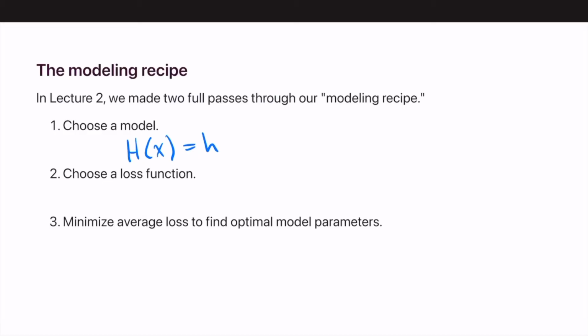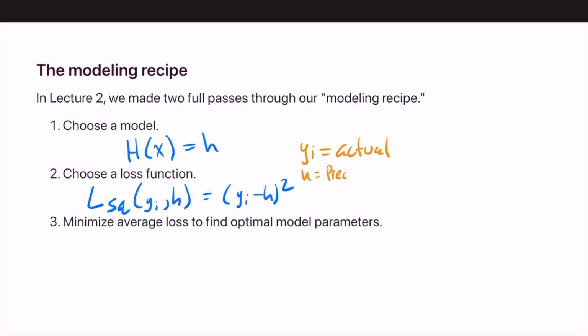And the 2 loss functions that we have been looking at so far are the squared loss, L squared of y_i and h, and that just equals (y_i minus h) squared. And this, of course, the y_i being our actual data, and the h being our predicted value.